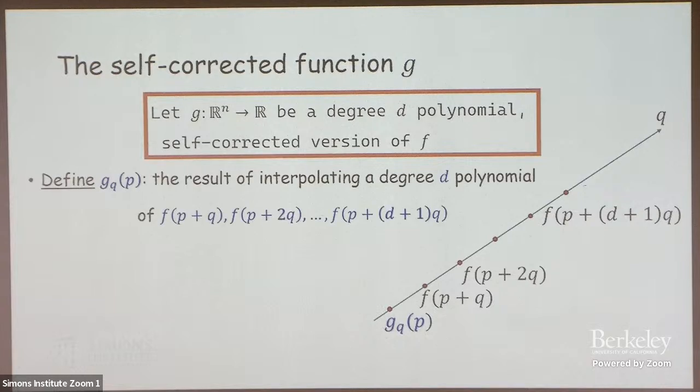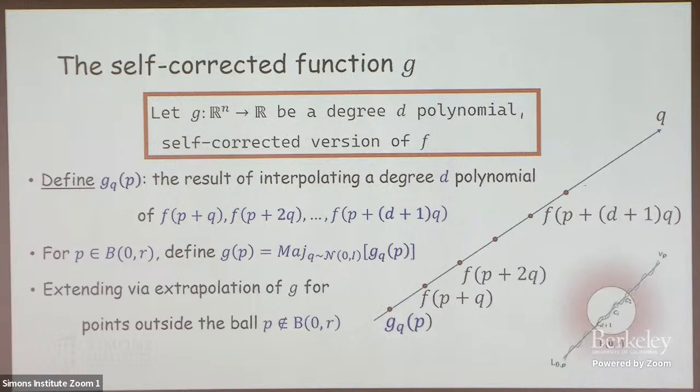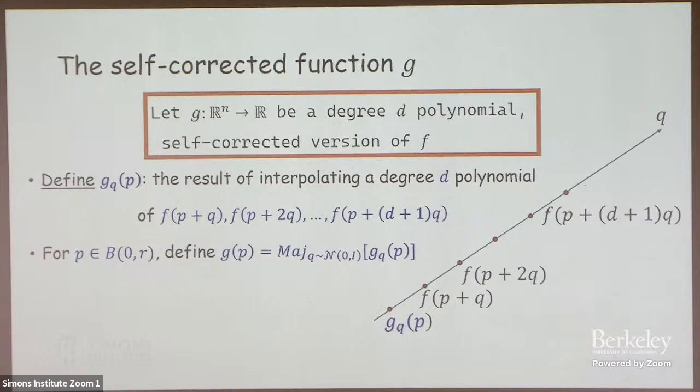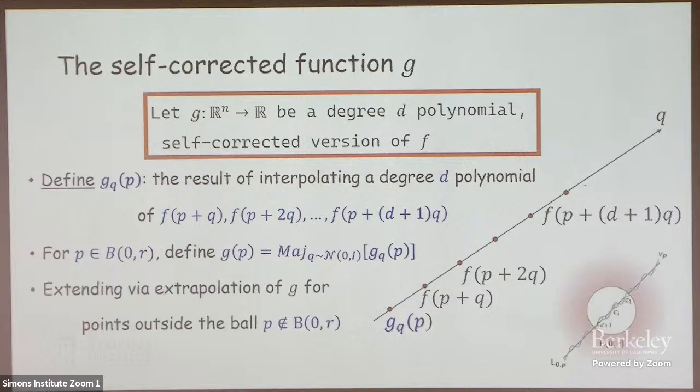So let's just clean this up. We're going to define G, and define it so that points in some small ball, close to 0, are close to the majority, the way we want. But for points that are far from this ball, we think about a line that goes from 0 to the point, and we have enough points in the small ball that we can correct using the majority.